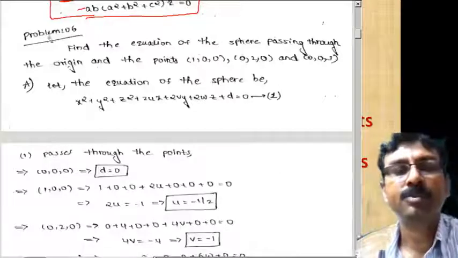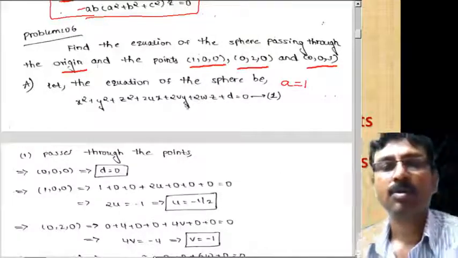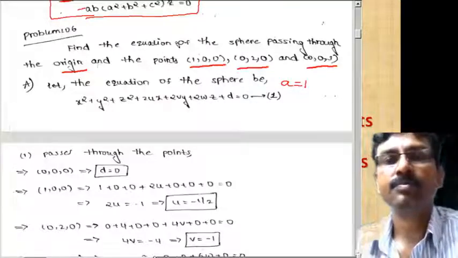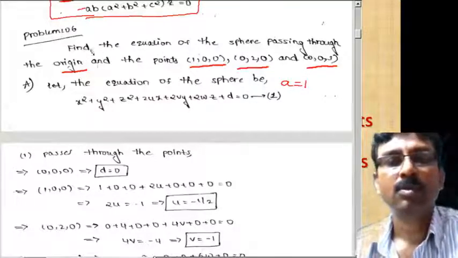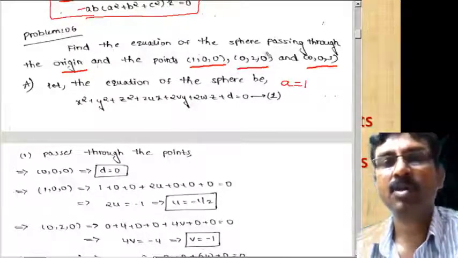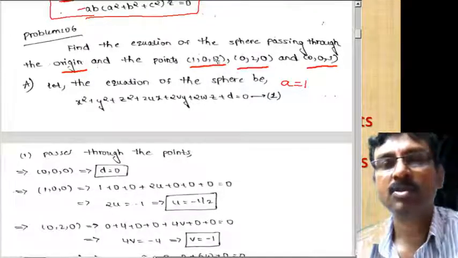Okay, we will go to the next problem. Find the equation of the sphere passing through the origin and the points 1 0 0, 0 2 0 and 0 0 3.